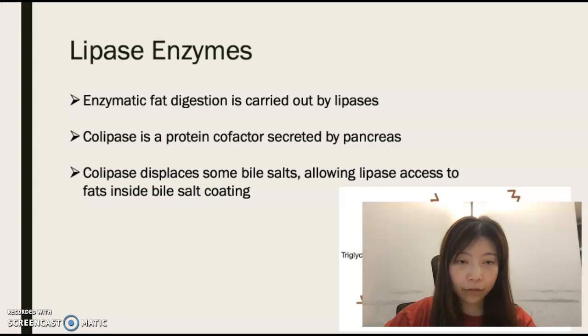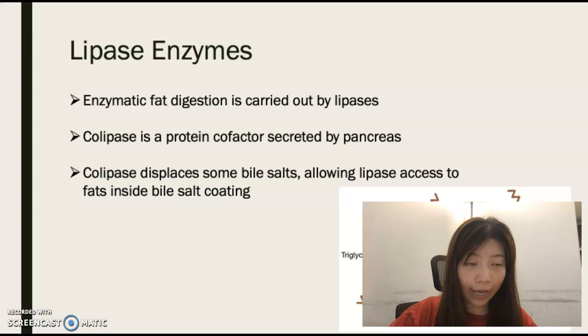The enzymatic fat digestion is carried out by lipase, an enzyme that removes two fatty acids from each triglyceride molecule. The result is one monoglyceride and two free fatty acids.